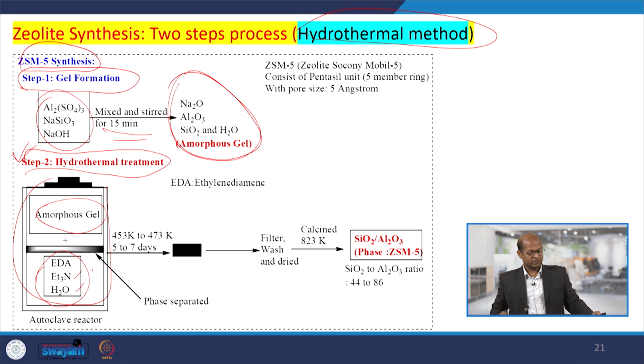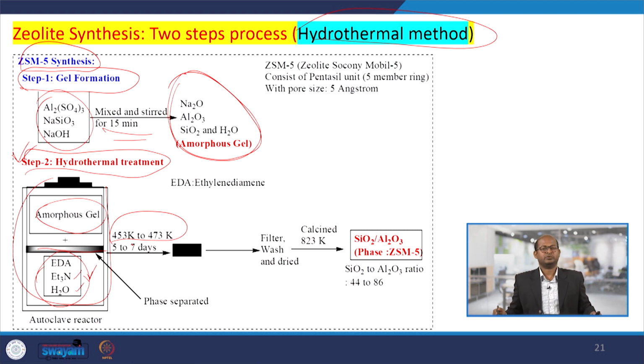Then we maintain the temperature for 5 to 7 days, keeping the gel inside the autoclave.